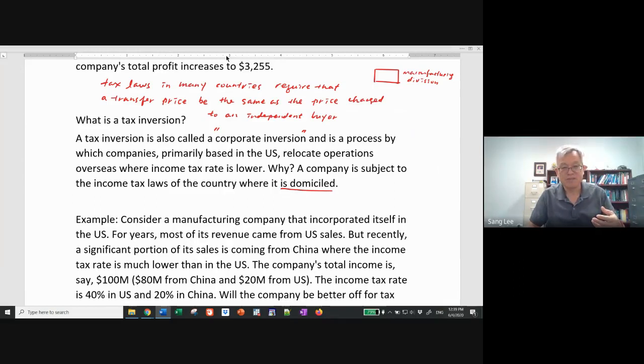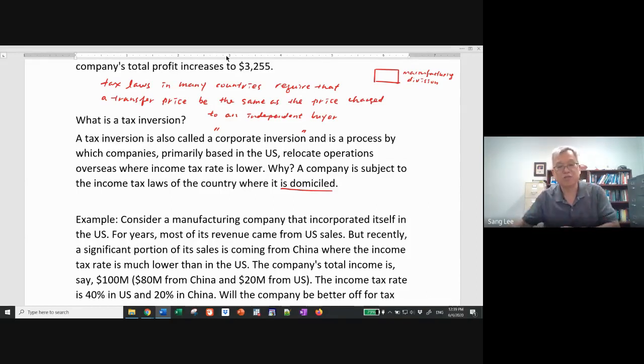So when U.S. companies are moving to China or another country where the income tax rate is relatively low, then the profit those companies are making is subject to the income tax laws of what? China. So this is what we call corporate inversion or tax inversion.